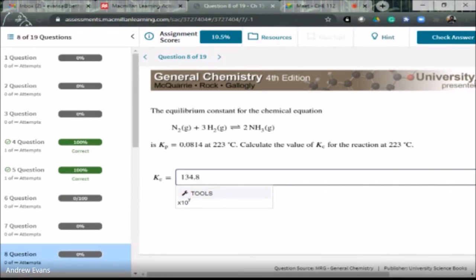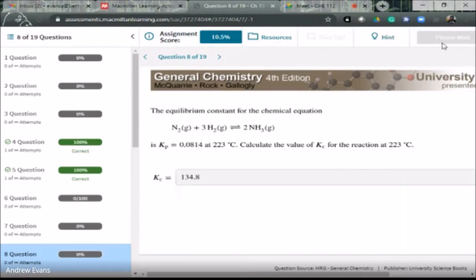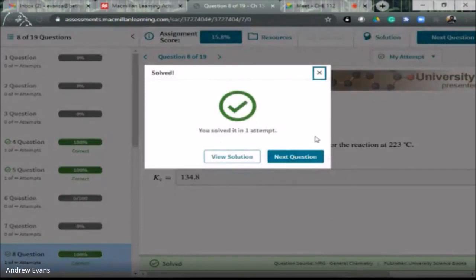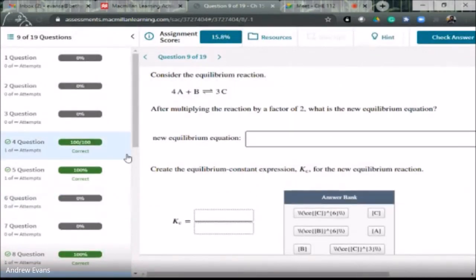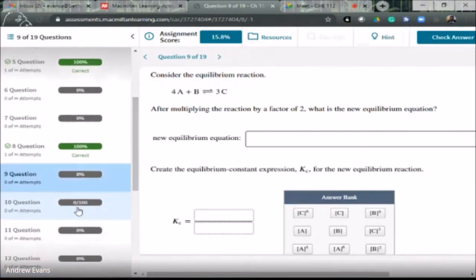We'll finish with probably this one. There's a couple of problems like this; there's probably not going to be too many of those. This one is setting up a new equilibrium expression. It's kind of looking at a state function.